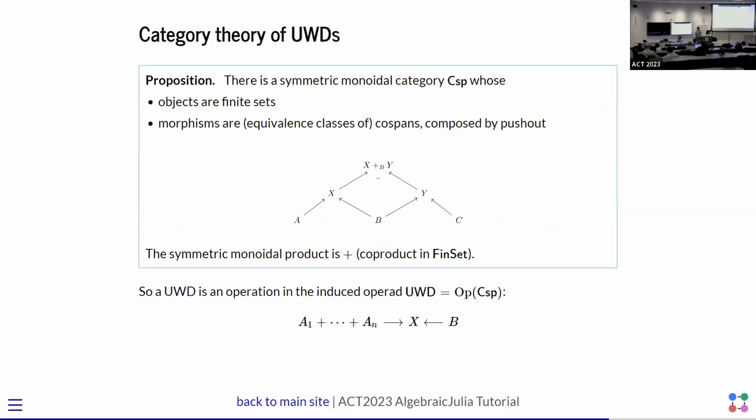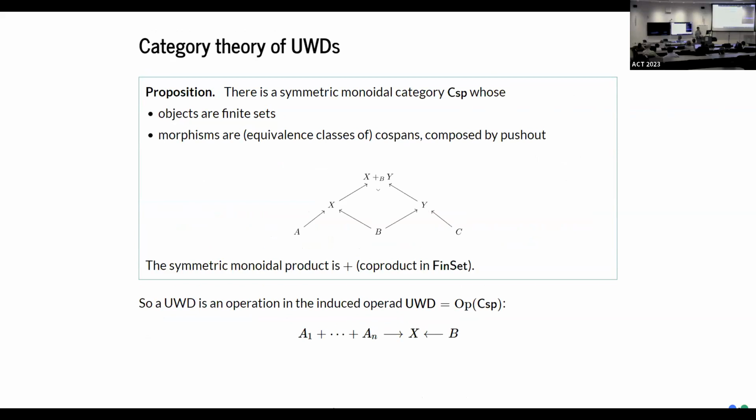Okay, so we're going to make an operad of UWDs in this way. So we're going to start with the category of cospans.